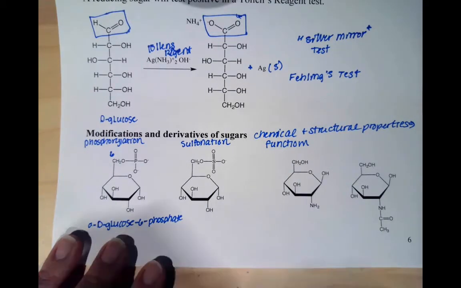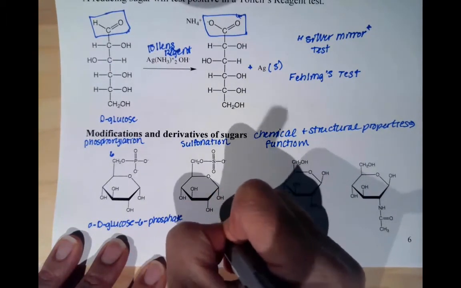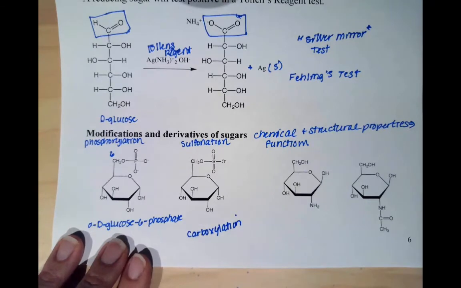Carboxylation is also a modification that is going to give the sugar a negative charge. So you'll see this in some of the polysaccharides that we learn in the next video, and that is going to impact the gelatinous property of the polysaccharide.